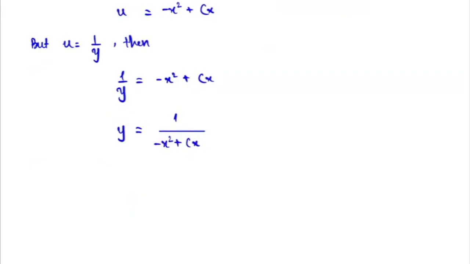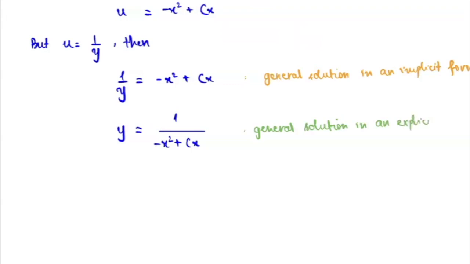So you have two different forms here. This is the general solution in an implicit form. And this one is the general solution in an explicit form.